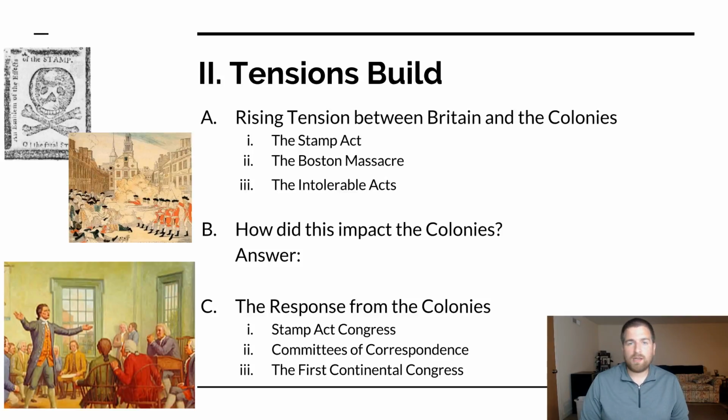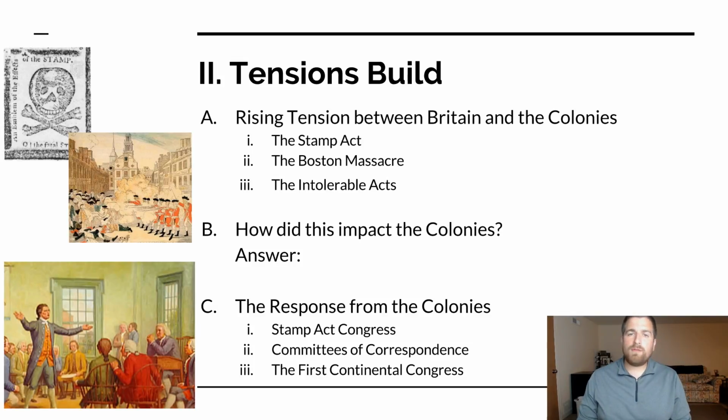In other words, if a British official stationed in Maryland breaks a law, rather than being put on trial in the colonies, he will be shipped back to Britain to be put on trial there. So this upsets the colonists greatly, and the impact is that colonists begin seeing themselves more as Americans than as British subjects.